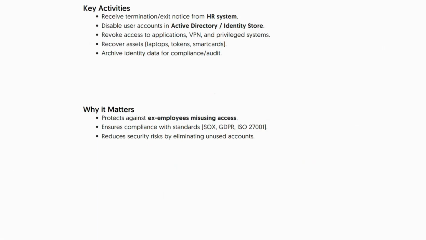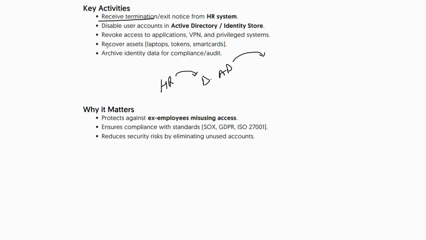Some of the key activities that you will see, and you can ask this to your IGA team also, most of the time IGA will be managing it. It receives a termination exit notice from HR. You'll receive an email or an email gets triggered. Then it'll disable accounts in AD first. Subsequent disabling will happen. Revoke access to every application that you had, VPN, privileged systems, everything.